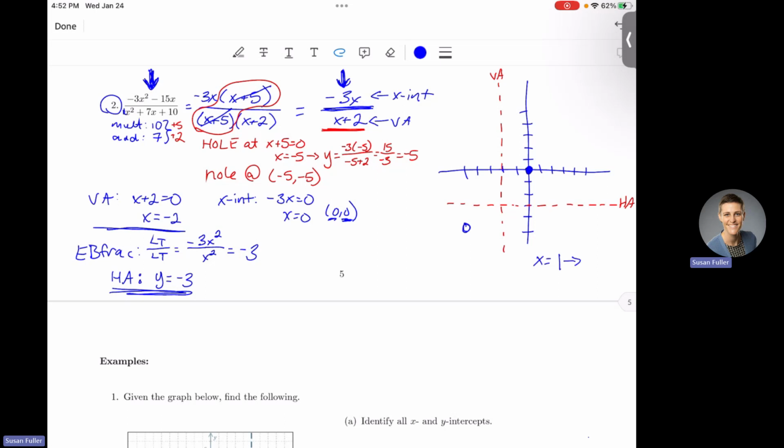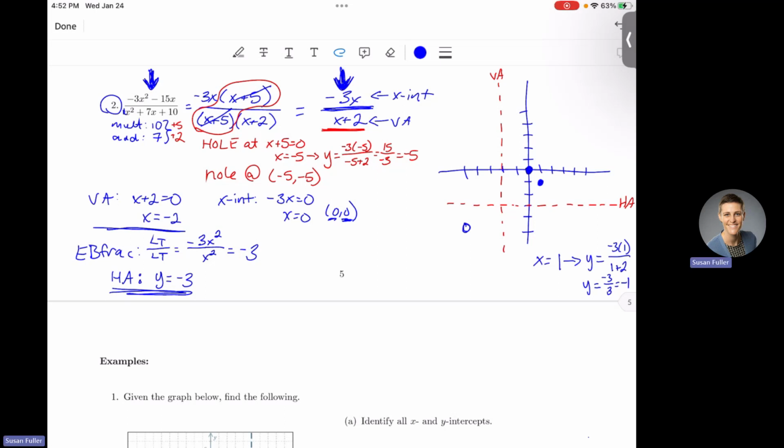And so when I take x equals 1 and plug it in, use your simplified version to plug it in. And so I'm going to get that y equals negative 3 times 1 over 1 plus 2, which means y is negative 3 divided by 3, which is negative 1. So I know the ordered pair x equals 1, y equals negative 1 is a point on my graph. So I'll go ahead and put that one on.